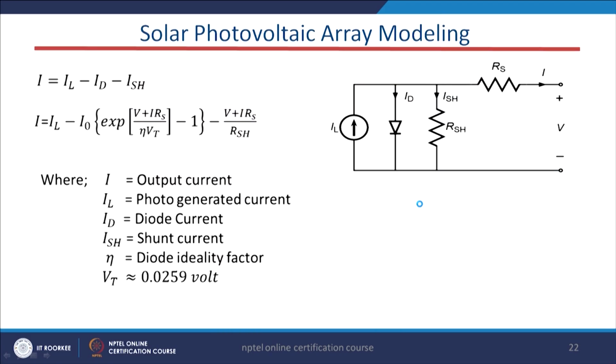Now, we will derive the current equation at this point. You see, this is the incoming current IL, and here is one node, this is ID, the outgoing current, and at this node the outgoing current is ISH, and here the outgoing current is I, sometimes we also write I cell, and this is V cell.